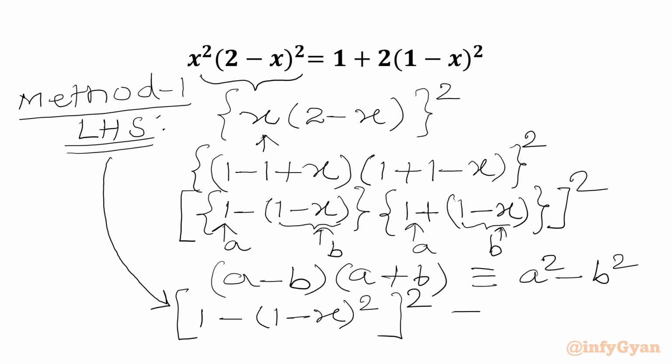Now we will write RHS: 1 plus 2 times (1 minus x) whole square. Now you can see we have (1 minus x) whole square in both places. So this may be our substitution. Let us say (1 minus x) whole square is u.